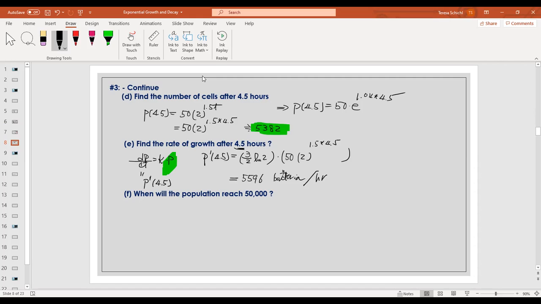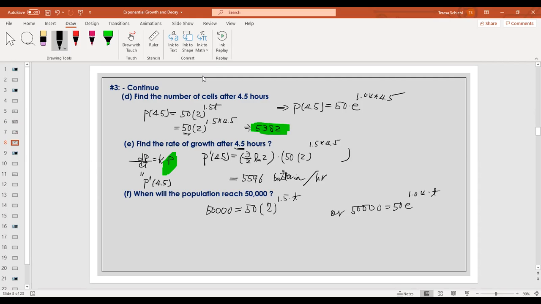All right, so the last part is very similar to the one we did before: when will the population reach 50,000? So you will say 50,000 is equal to, what is the initial? Initial is 50, and then you have a 2, and this is 1.5t, or you can put it this way: 50,000 is equal to 50e^(1.04t).